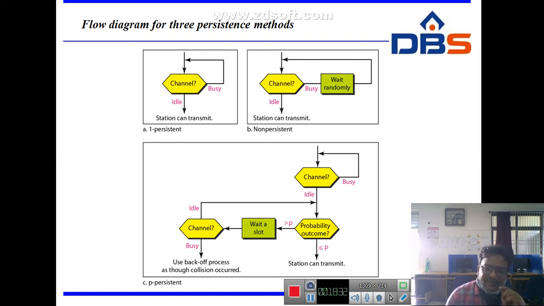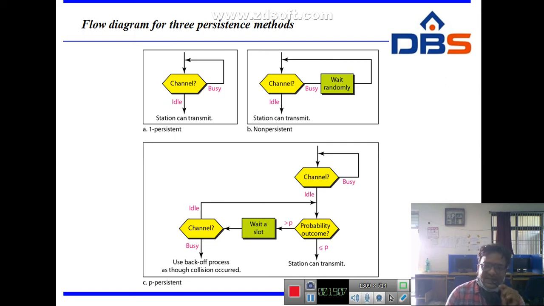Coming to the p-persistent method, here also we have station A and B and the channel. If the sensor finds the channel busy, it goes back to the initial procedure. If it is idle, it goes for the probability outcome. That probability is checked to see whether it is greater than or equal to p, or less than or equal to p.